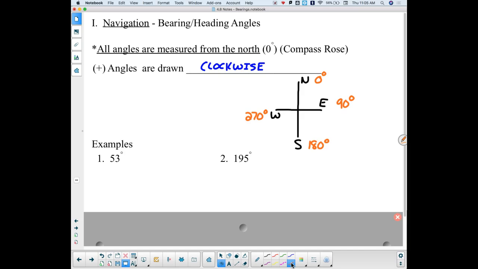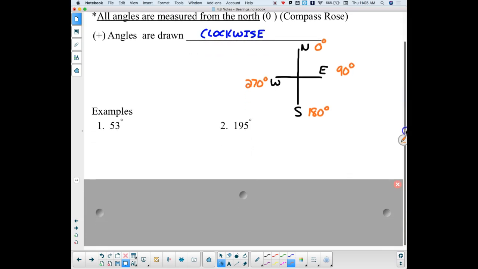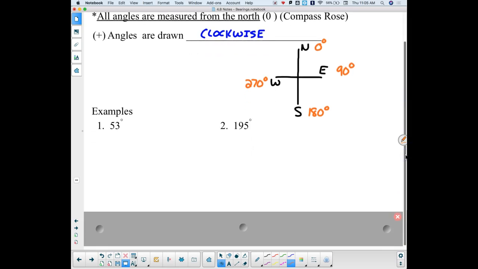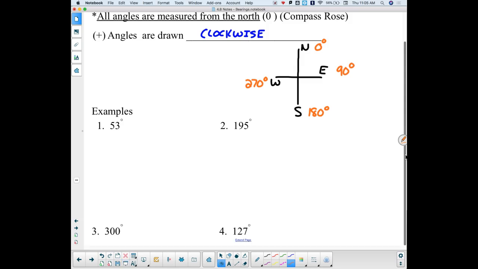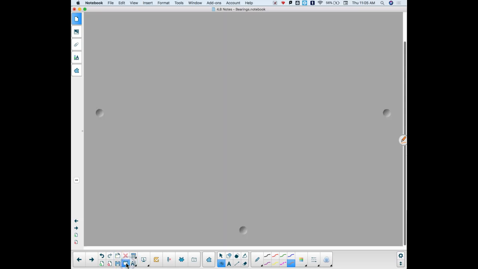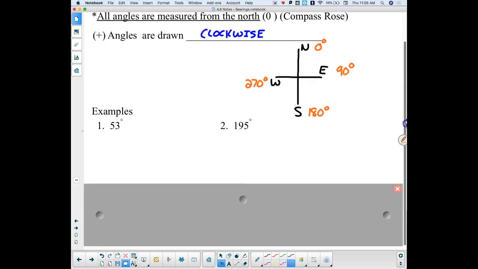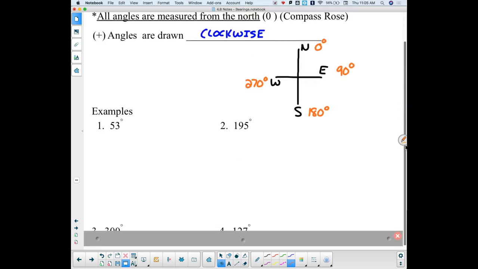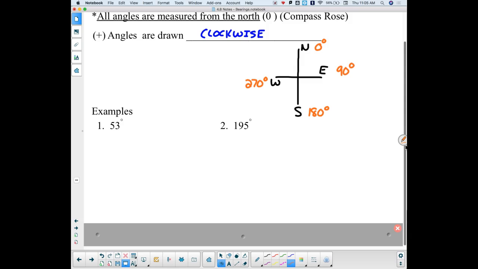Now, with that being said, let's get all cray-cray. I don't even know why this is up here. Oh, that's why it's up there. Let's put it back then. So, 53 degrees is going to be here.